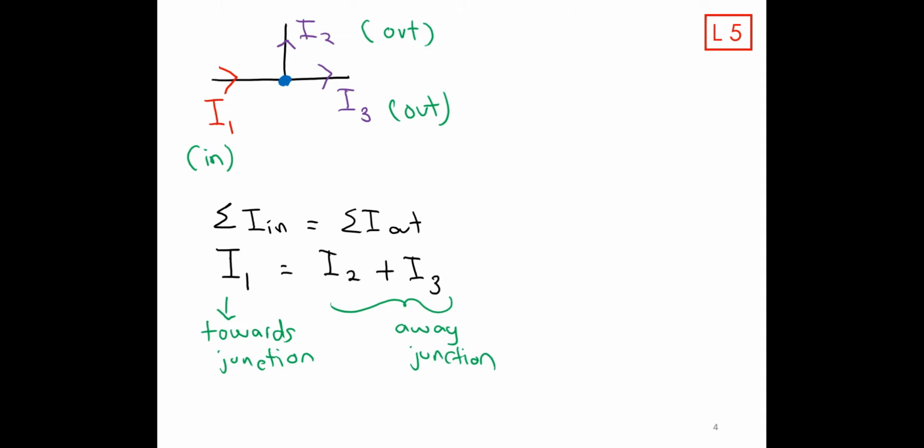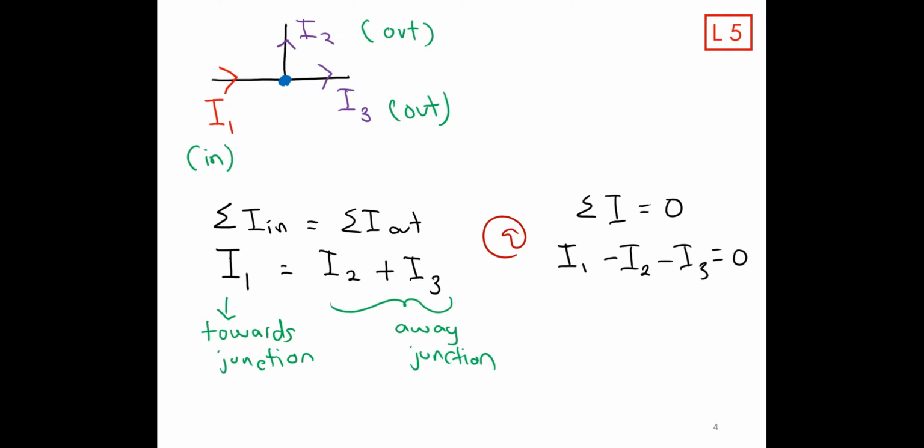So that's the second statement of Kirchhoff's first rule. Or actually, it is similar to total I equals 0, because if you sum up all the currents, I1 minus I2 minus I3, you will get 0.